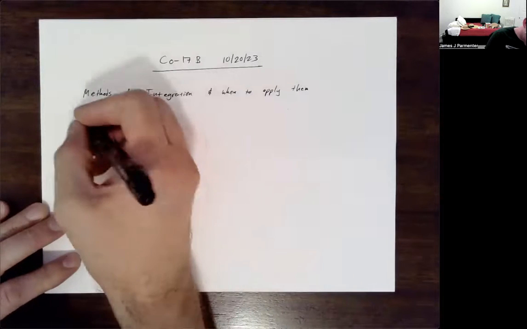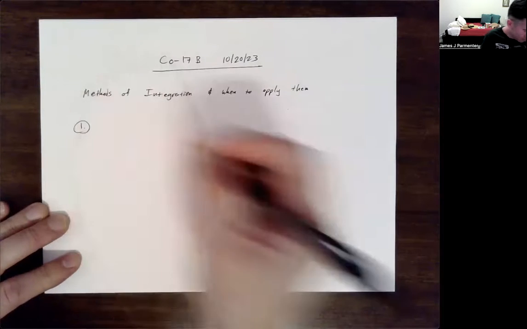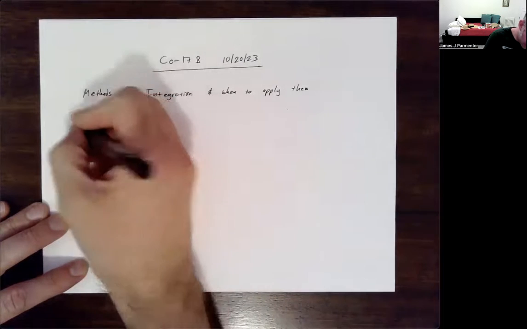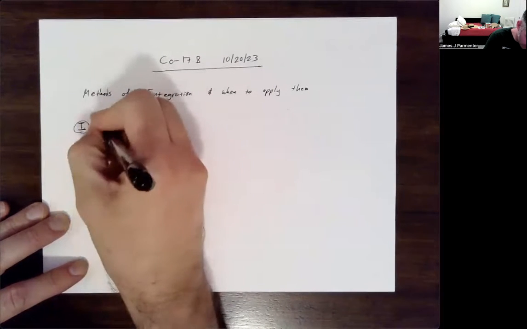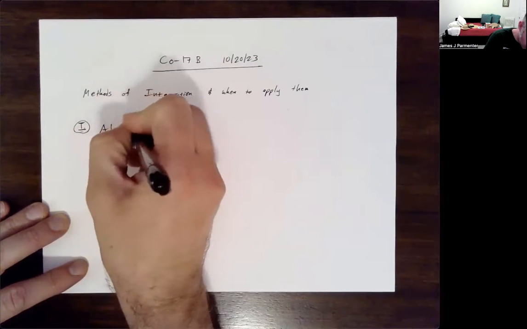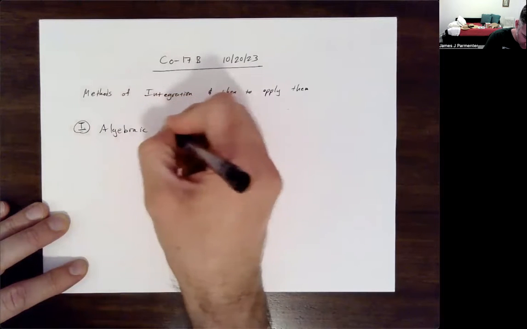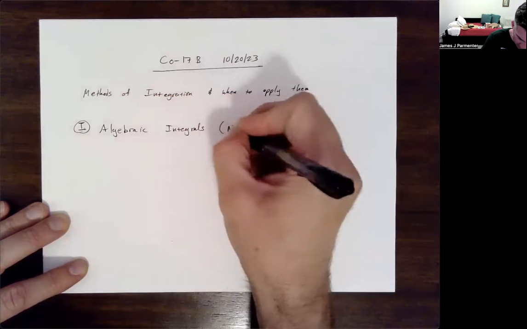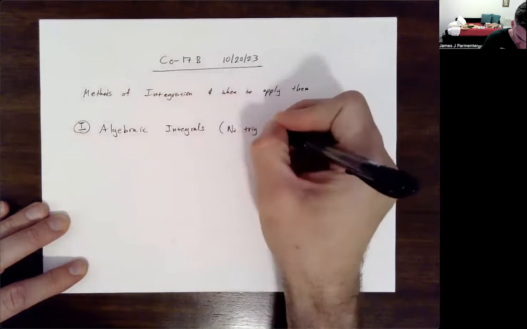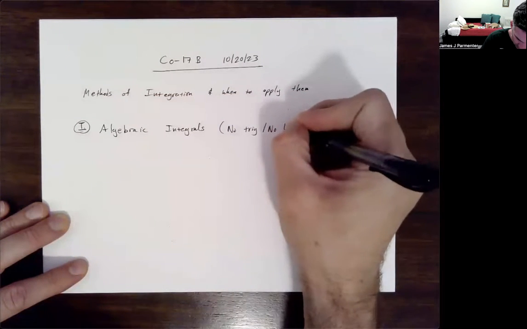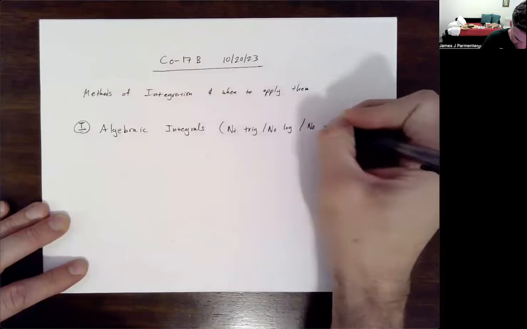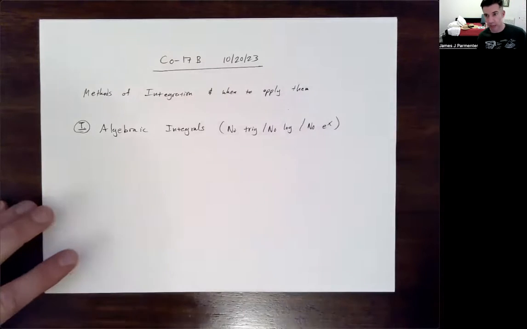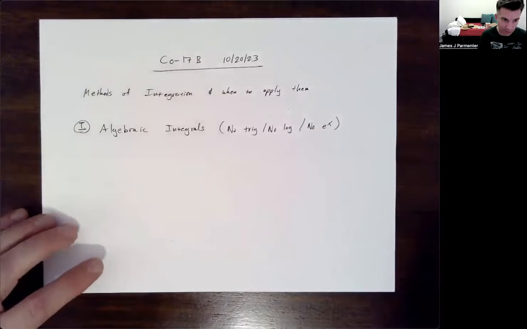So first off, we got algebra. Let's give this a big I for the first section here. So algebraic integrals, meaning no trig, no logarithms, no e to the x's. Just x to a power, and the power can be anything.